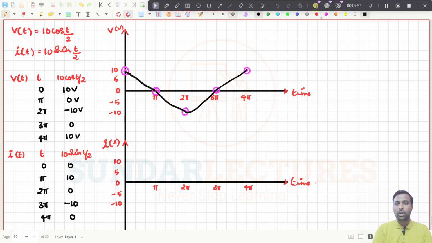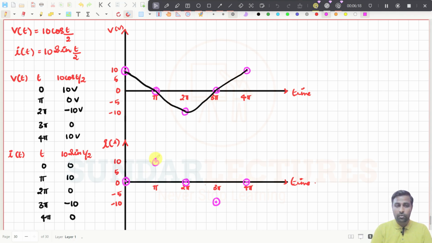And if I want to draw for the current expression, at t is equal to 0 the value will be 0, and at pi it will be 10, and then at 2 pi it again becomes 0, and at 3 pi it becomes minus 10, and at 4 pi again it becomes 0.